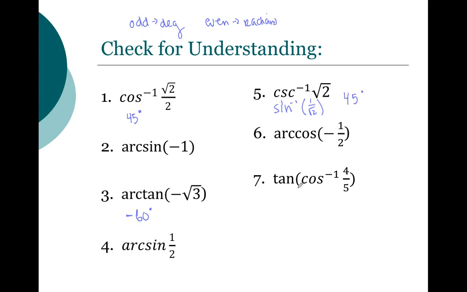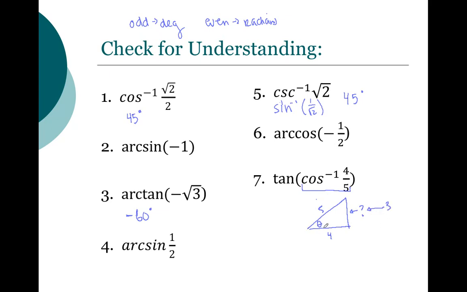And then 7. Let's start from the inside here. Oh man, I made this one hard. Sorry. Cosine inverse. Let's think about it as a right triangle. So I'll call this theta. Cosine, this will be 4. This will be 5. How do you find this? Oh, we know this, right triangles, Pythagorean triples, that's a 3.